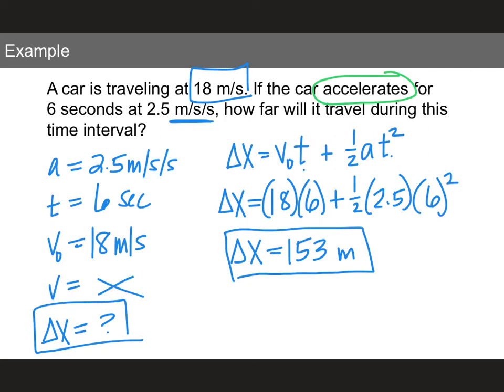Well, if the same initial conditions were there, that it still moved at 18 meters per second to start, it was just decelerating at 2.5 meters per second squared instead of accelerating, all that would change would be that this number here, this 2.5, would be entered in as a negative number. And so instead of adding this extra amount to this distance, you would be subtracting it. And so you wouldn't be going as far as you would if the car maintained 18 meters per second.